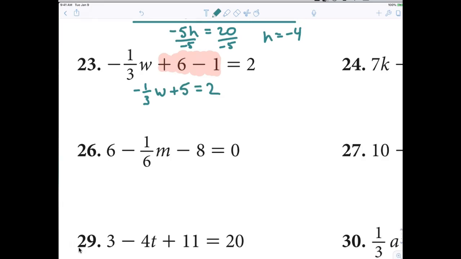You agree with that now? Now what do I do? Yes, ma'am. There you go. And so W equals what? Yes, W equals 9. Aiden, are you still with me, buddy? That makes sense?